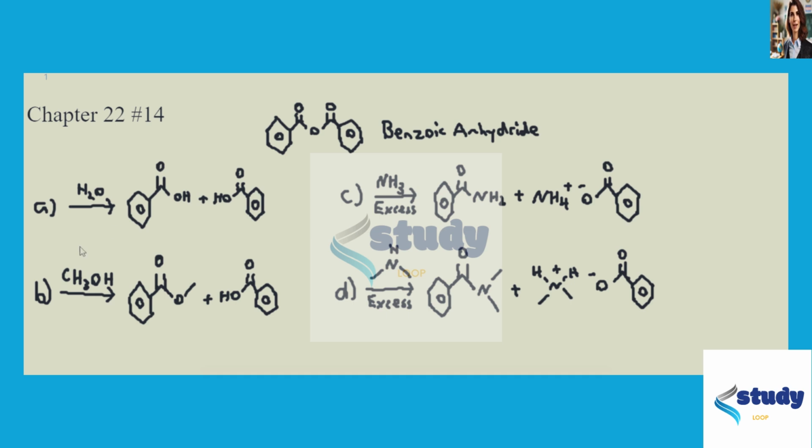Okay, so then for B, again, methanol is going to be our nucleophile. So methanol will attack the carbonyl, will form the tetrahedral intermediate, pardon me. The anhydride will split, and so we'll end up with one half of the anhydride, wherever the methanol attacked, will have the methyl ester.